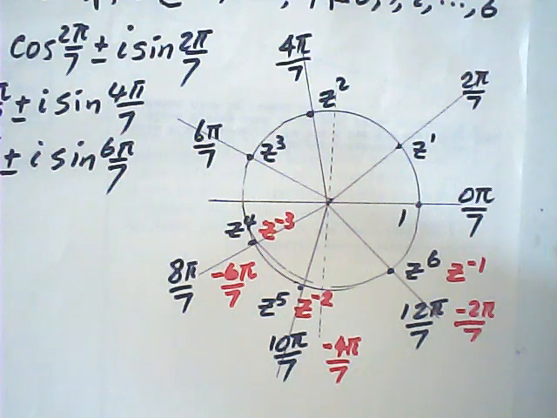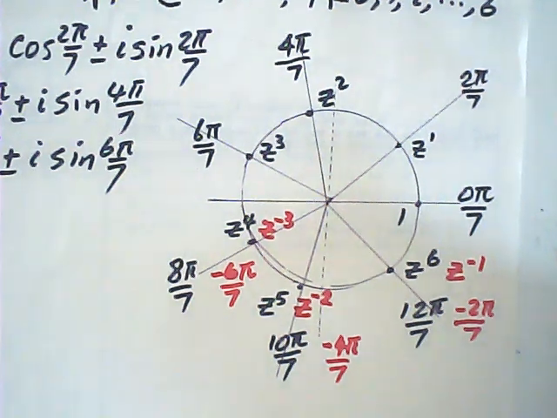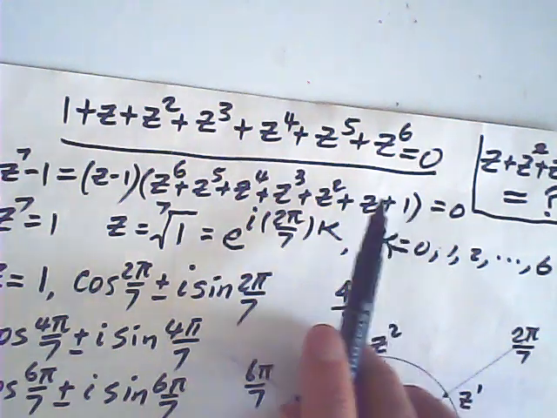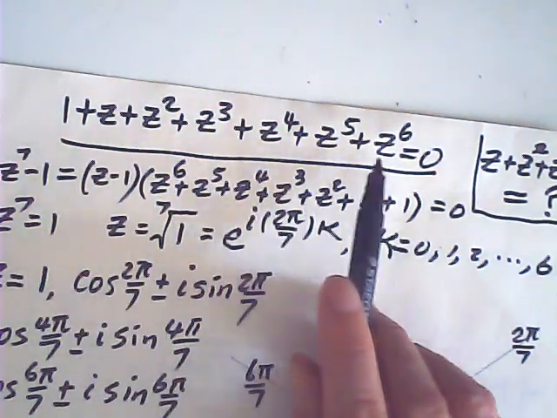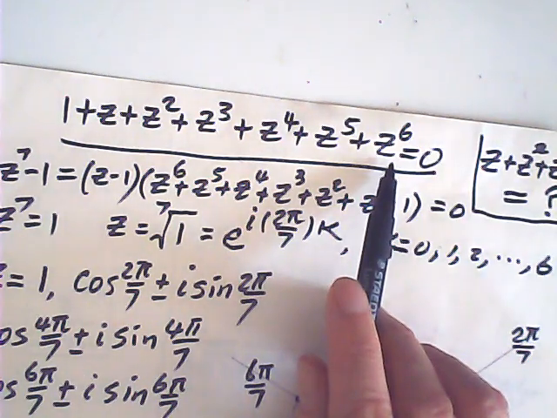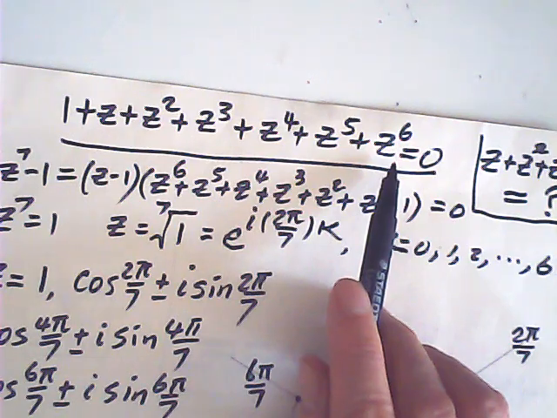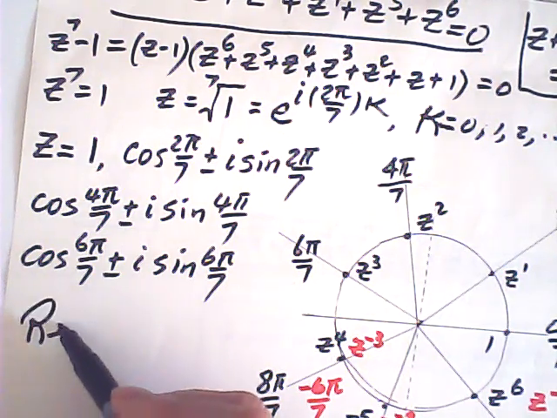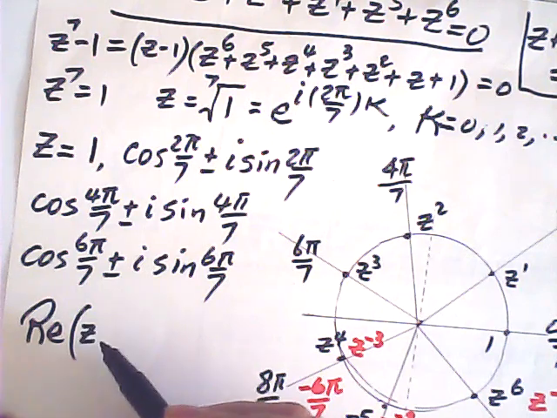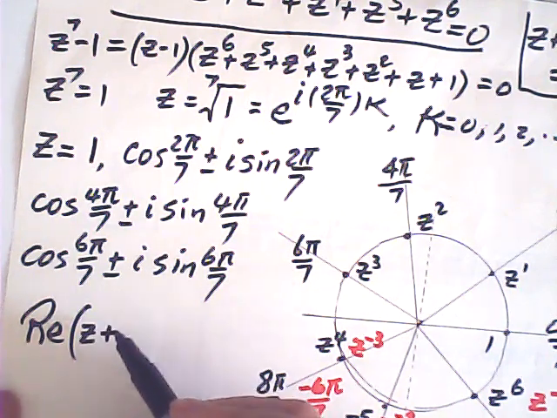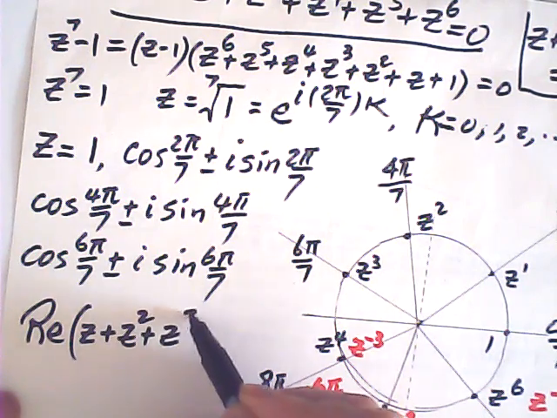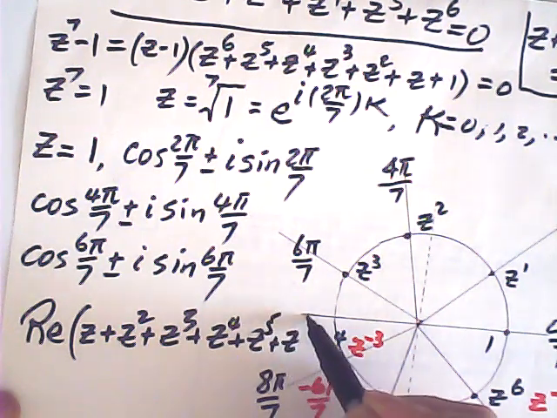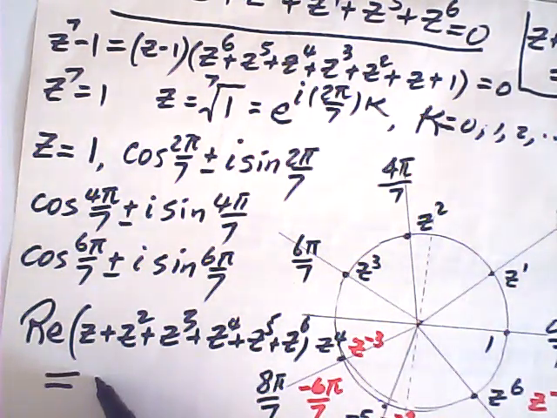Now then, something interesting. Well, we are given this. Therefore, from here, z plus up to z^6 will be equal to -1, which means that the real part of z plus z squared plus z^3 plus z^4 plus z^5 plus z^6 is equal to -1.